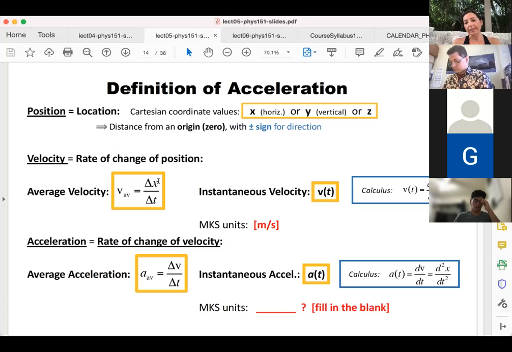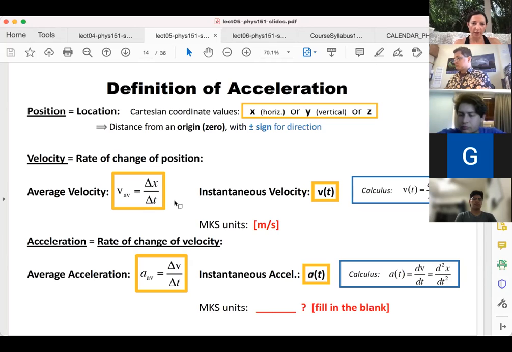So delta x is x final, my final position, minus initial position, divided by the final time where I got to the final position, minus the initial time. The instantaneous velocity, v = dx/dt, we already said that is the derivative over time, because it's instantaneous at that particular time.